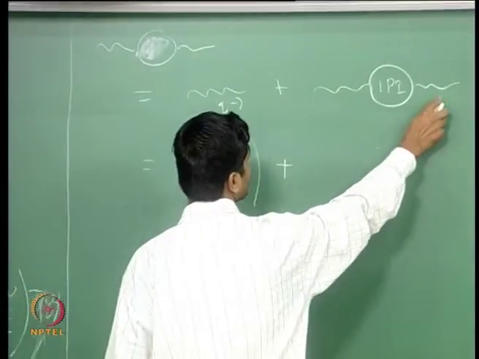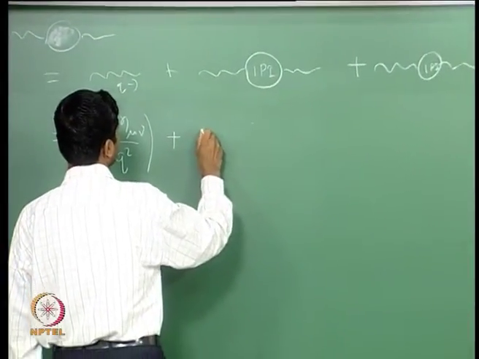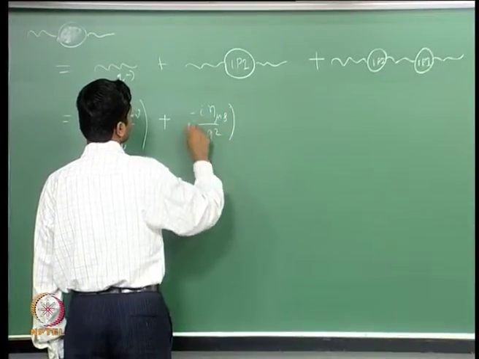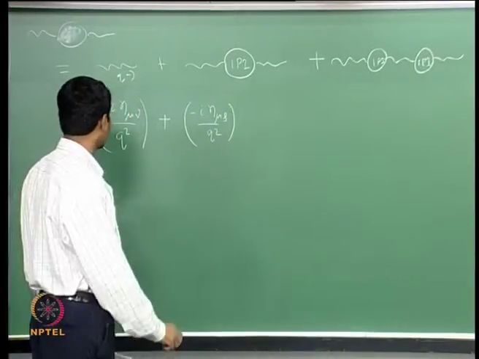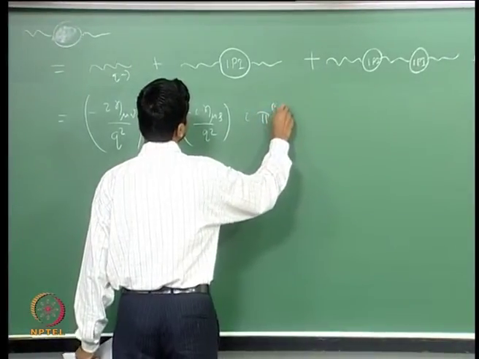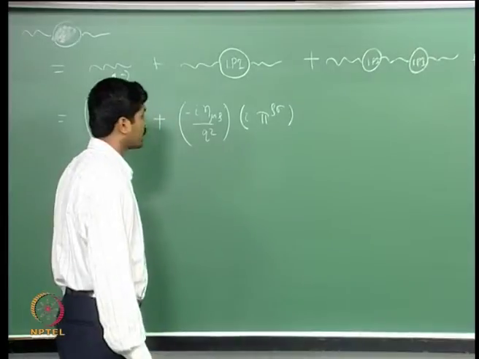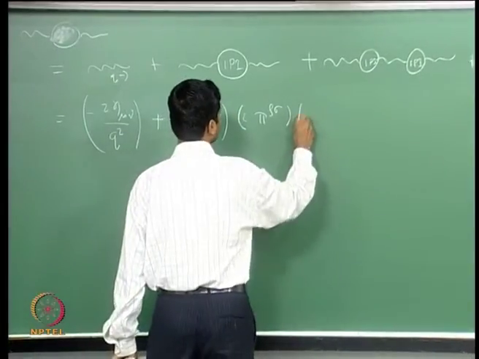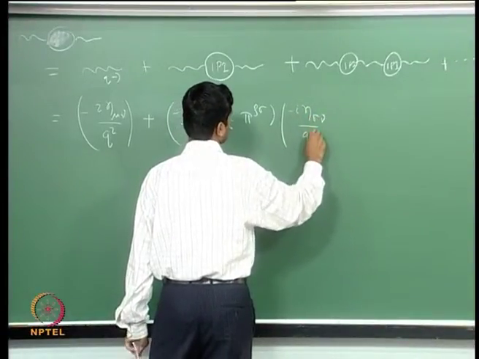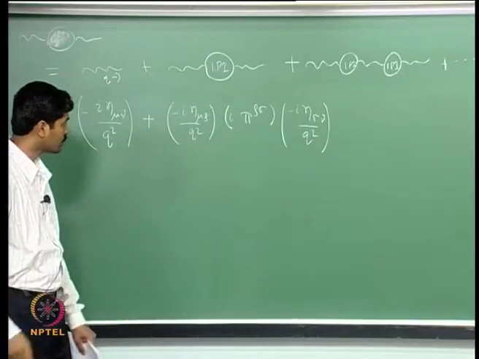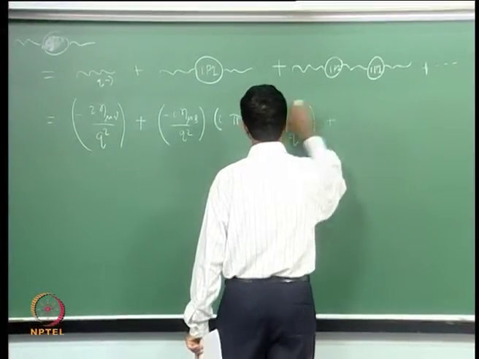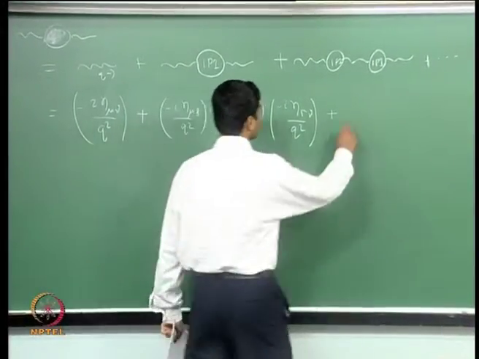Here you will have one photon propagator, which will simply be minus i η_μρ over q². Then you will have this, which I denote to be i π_ρσ, and you finally have the photon propagator here, which is again given by minus i η_σν divided by q². Then you have a diagram here, which will have two such terms, and so on. So, this is what you are going to get here.